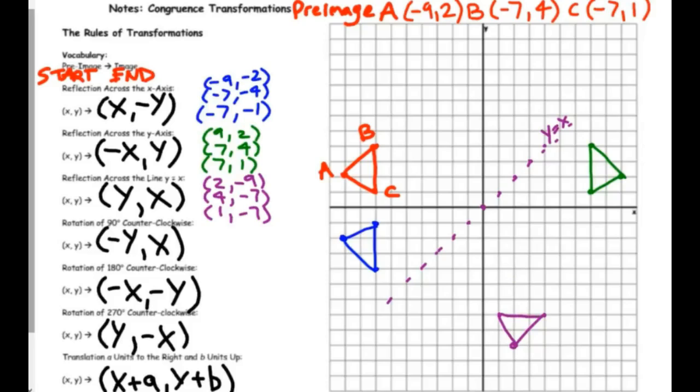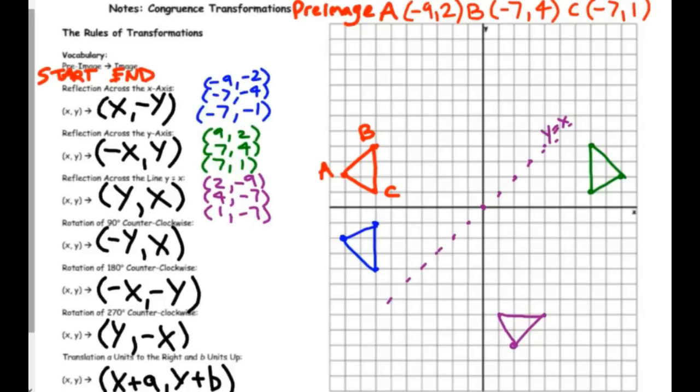All right? So, mine kind of looks ugly, but you see how it is. It definitely reflected across that diagonal line. So everyone be very careful when you're reading your problems. There's a difference between x-axis, y-axis, and y equals x. Okay? But those are my 3 possible reflection transformations.